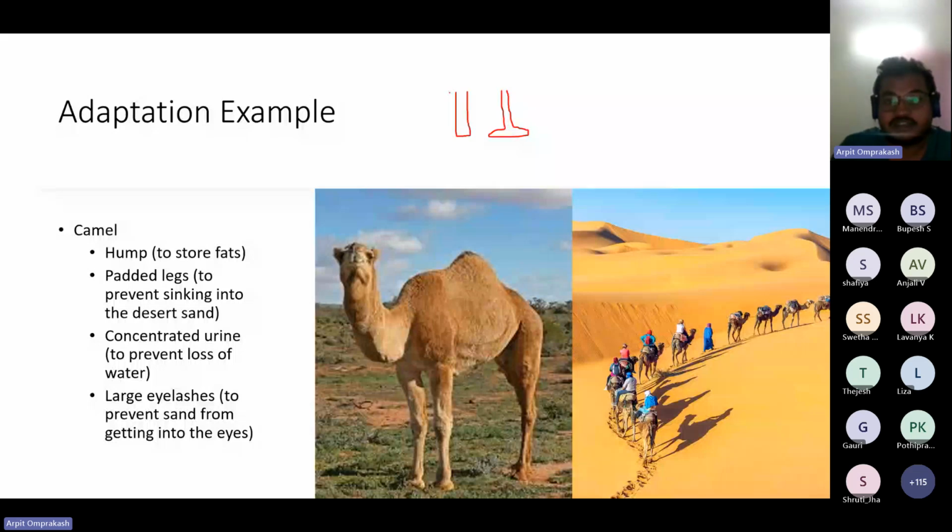Let's say a camel has, let's say, 100 kg weight.